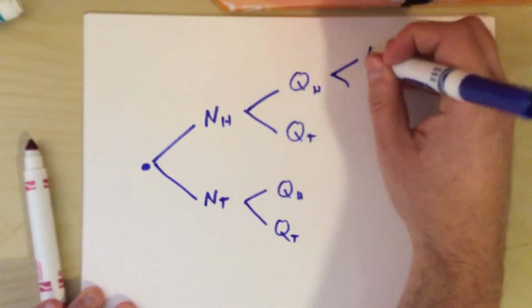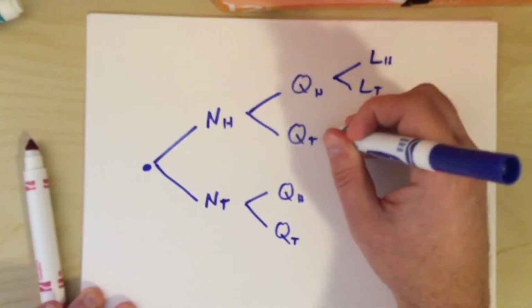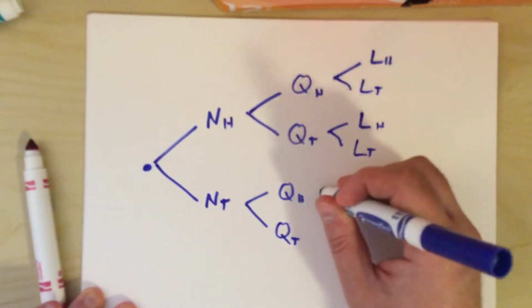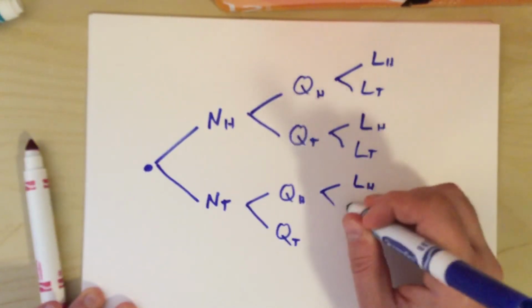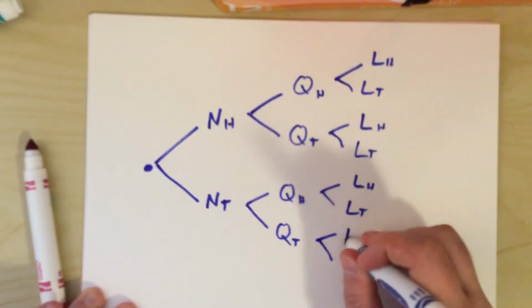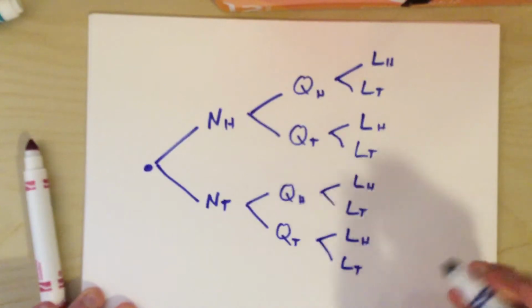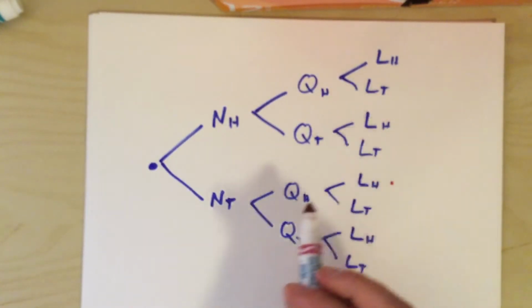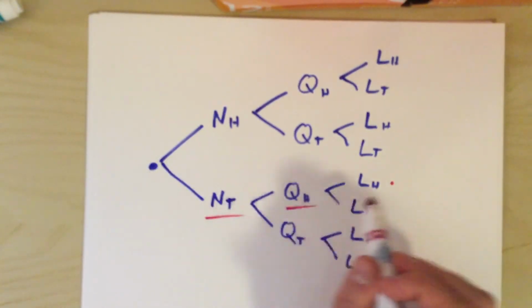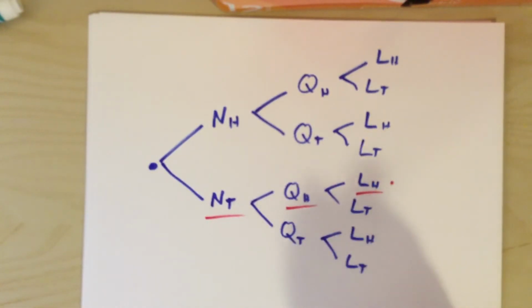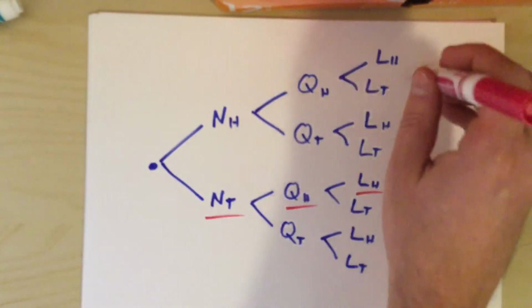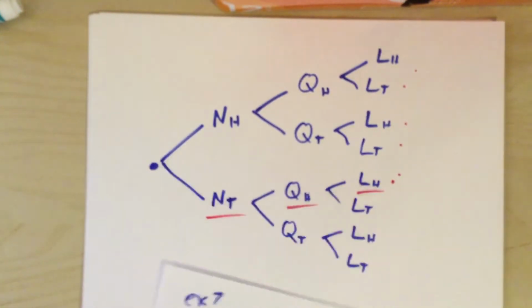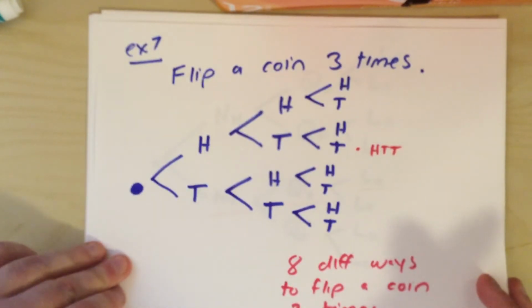And then the loonie can land on heads or tails, in each case. And now if we look at the end of one of these, the nickel landed on tails, the quarter landed on heads, and the loonie landed on heads. So there's a total of 1, 2, 3, 4, 5, 6, 7, 8. There's 8 ways.